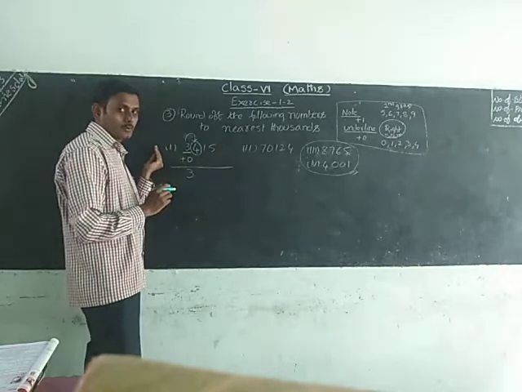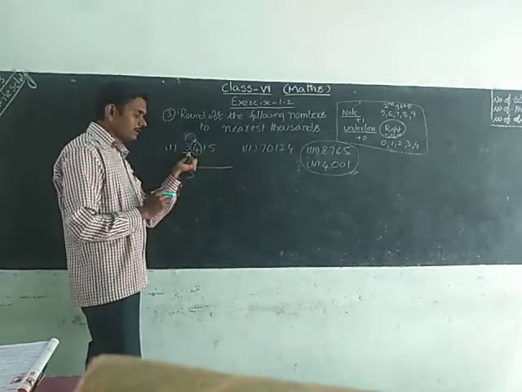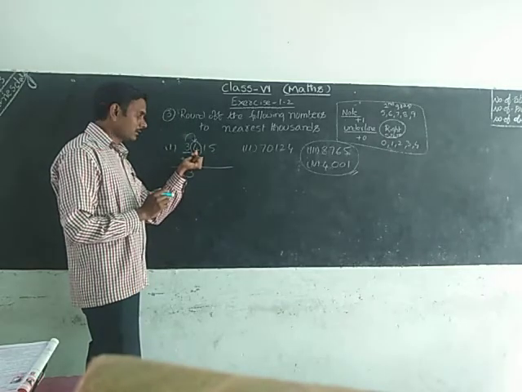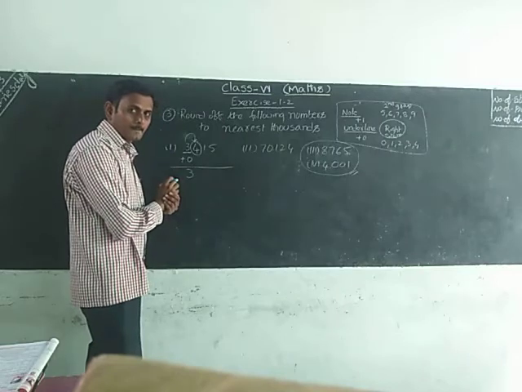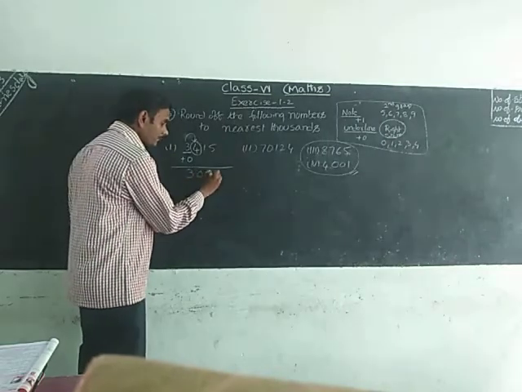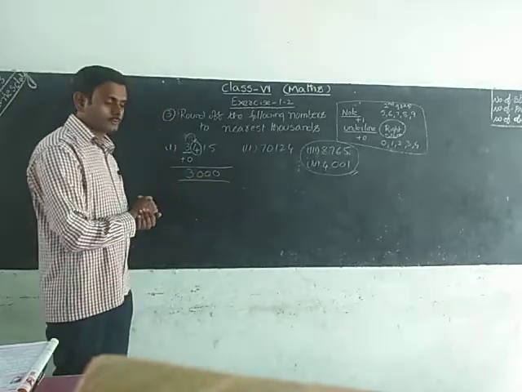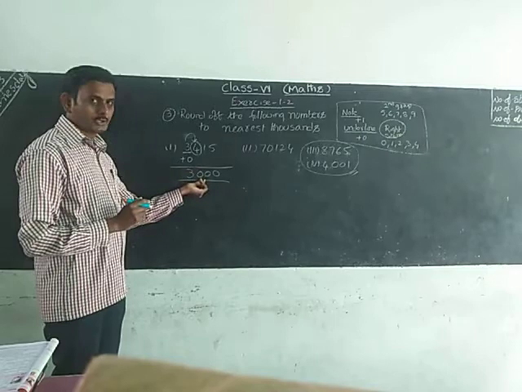No, leave that one. On the right side, how many digits are there? 1, 2, 3. Three digits will be zeros. Our nearest thousand of this number is 3000.